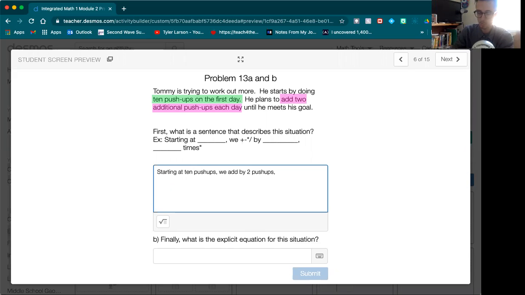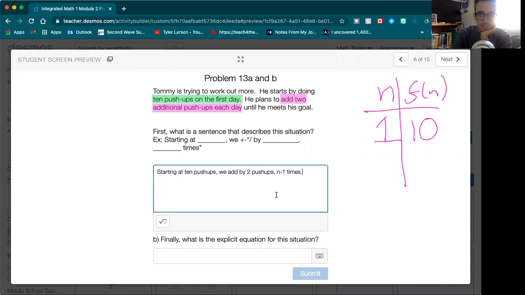We add by 2 push-ups, but let's think about how many times this occurs, because if we made a table for this, we call this n, call this f of n, where this is the day. This is saying that on the first day, there's 10. But is this the y-intercept or something different? Hopefully you're saying that it's something different. Like, since we're 1 unit away from n, we actually want to say that this is going to be n minus 1 times.